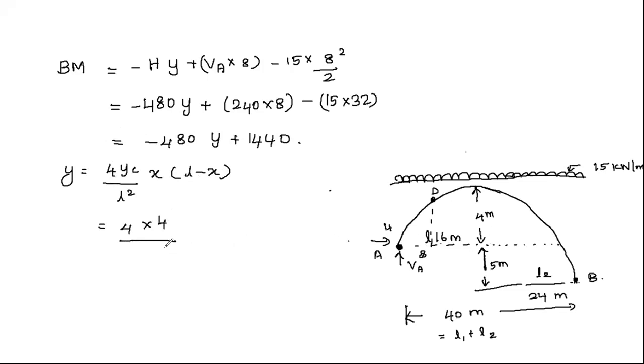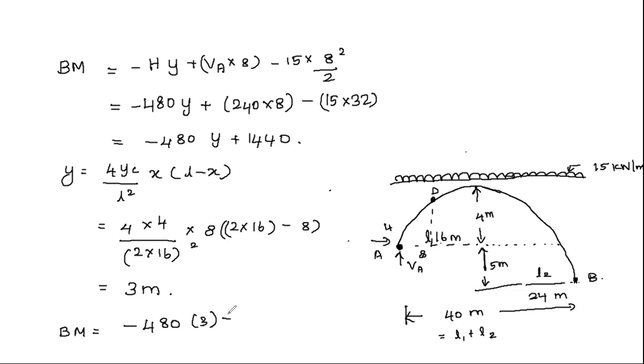So L is 2 into 16, 2 into 16 square, into 8 into 16 minus 8, which gives the result of y is equal to 3 meter. Therefore, bending moment is equal to minus 480 into 3 plus 1440, which is equal to 0. So the bending moment about the point B, which is 8 meter from the left hand support, is 0.